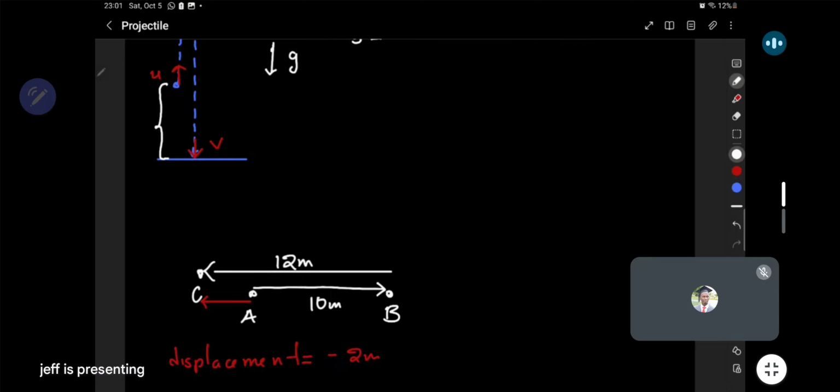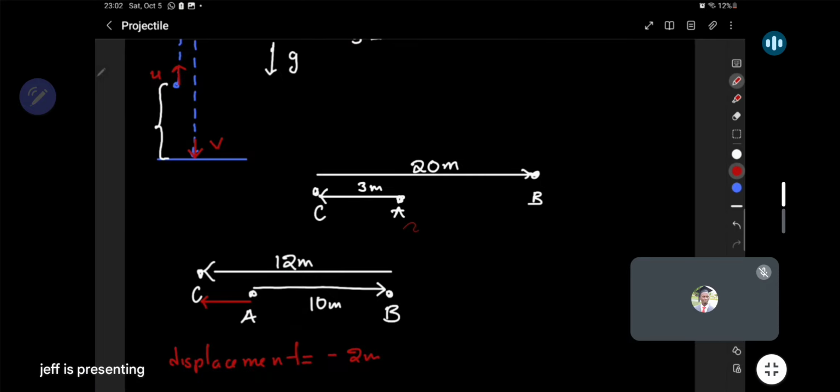In the same way, if you started from A and you decided first to go to C, maybe this time C is 3 meters backwards, and then you decide to move from C to a point B somewhere here, such that now you have to move 20 meters. So what is your displacement?